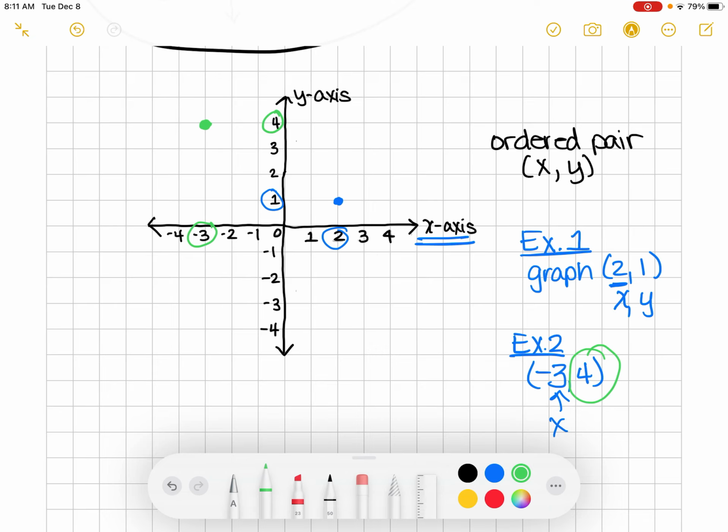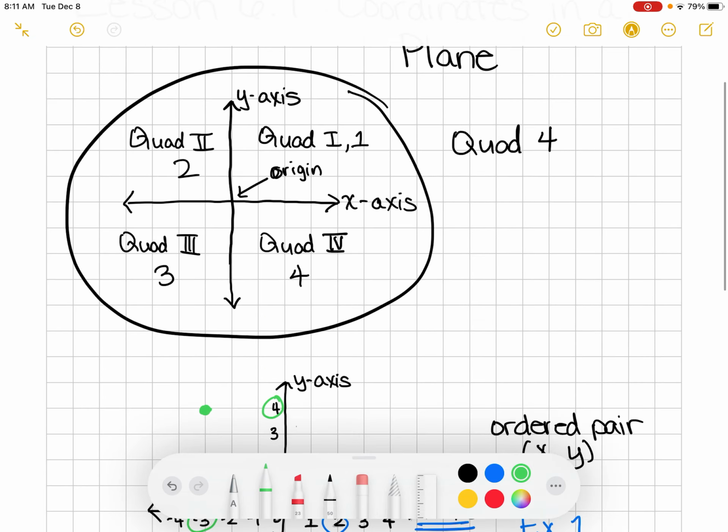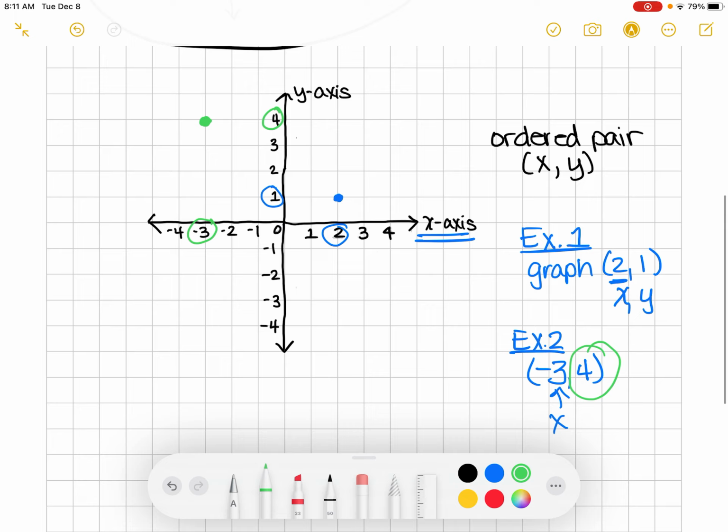Now that I've done 2 examples, let's talk about why these are called quadrant 1, 2, 3, 4. The reason that this part is quadrant 1 is because it is all positive. If you look at all these numbers down here are positive and all the numbers right here are positive.